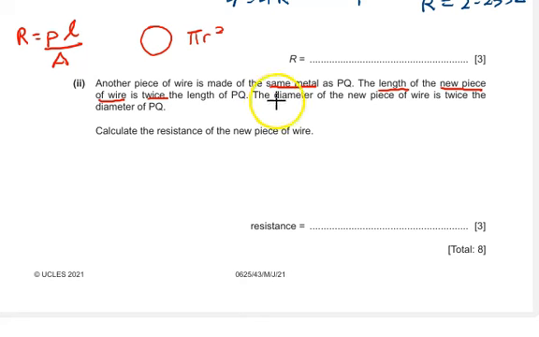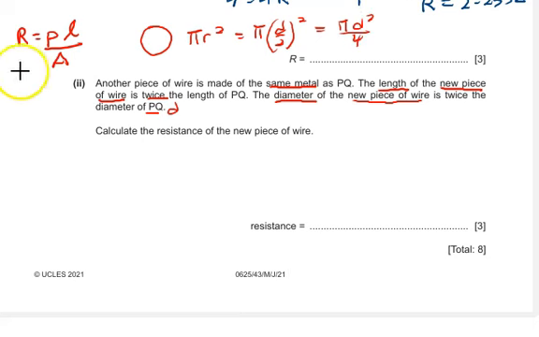They mentioned that the diameter of the new piece of wire is twice the diameter of PQ. So we just label the original diameter as D, which gives D over 2. D over 2 square, then we will have D square over 4.